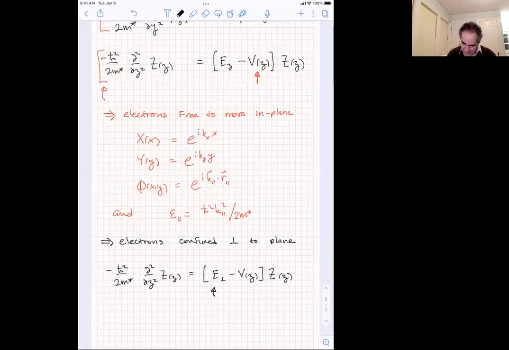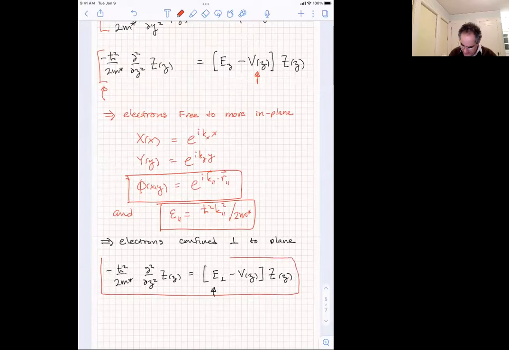Okay, here let's put a box around these two equations. These describing the free electron motion in plane, and this describing motion perpendicular, or the part of the momentum and energy associated with the perpendicular direction. All right, here let's stop for a moment.